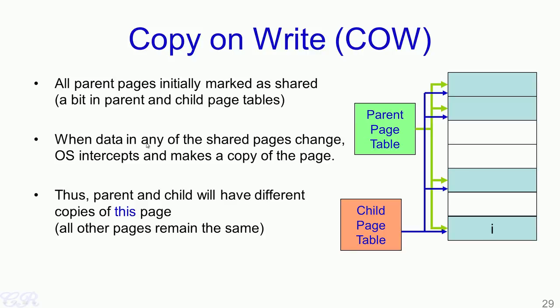When data in any of the shared pages changes, the OS intercepts and makes a copy of that page. Thus, the parent and child will have different copies of that page, and note that this page is highlighted over here. That means only that page would be different in the parent and child, while all other pages would still remain the same. Let us see how copy on write works with our example.